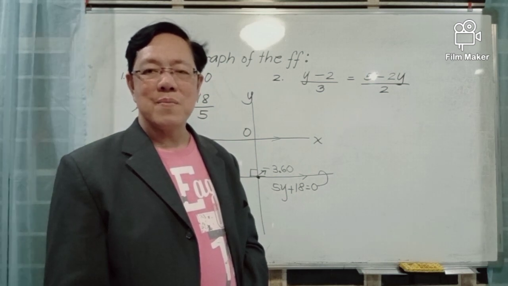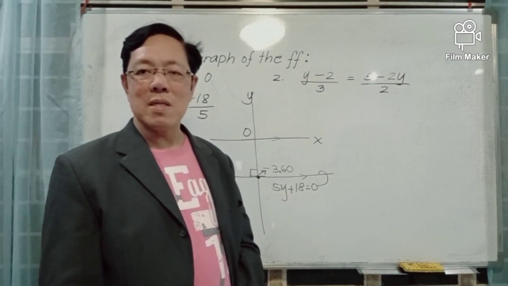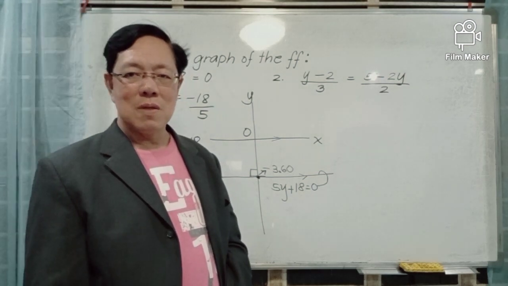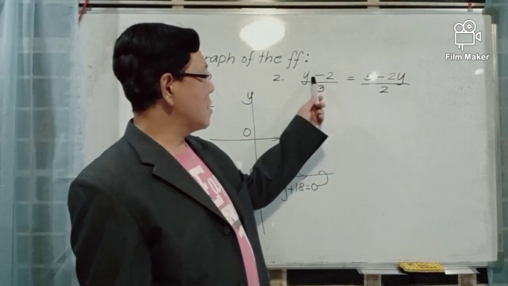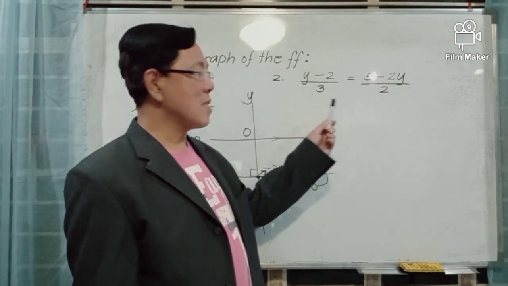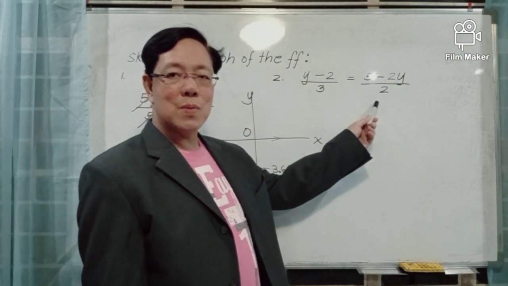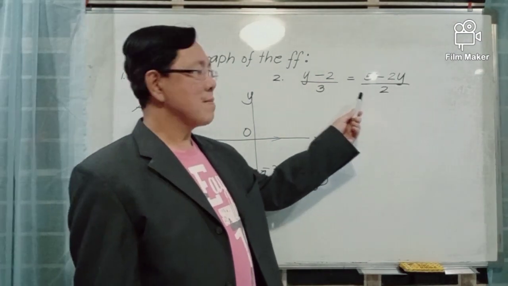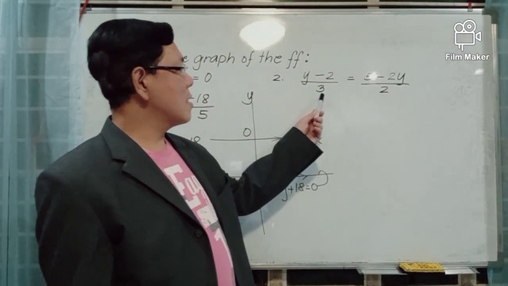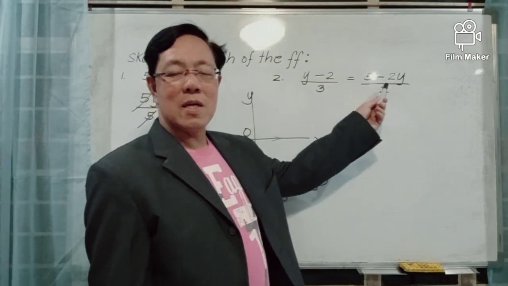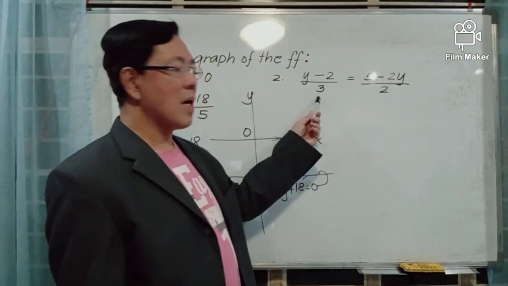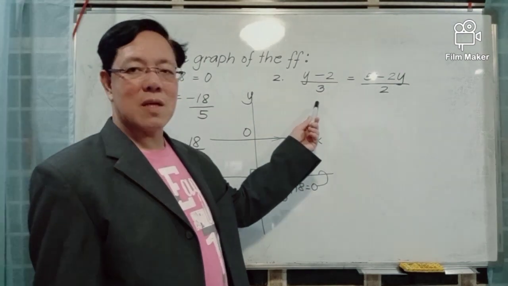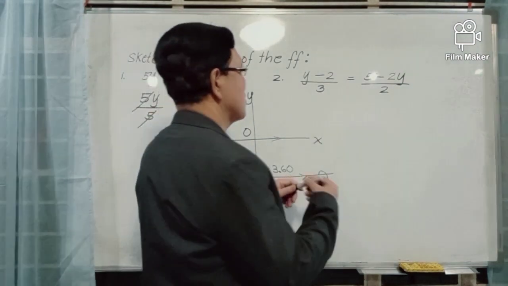But the way others do it, they simply do cross multiplication. That is, the numerator at the left side is multiplied by 2, the denominator at the right hand side, and the numerator at the right hand side is multiplied by 3, the denominator at the left hand side. That's cross multiplication.